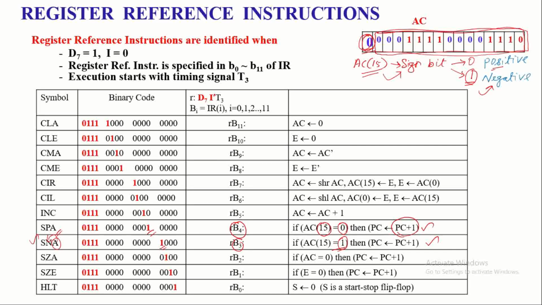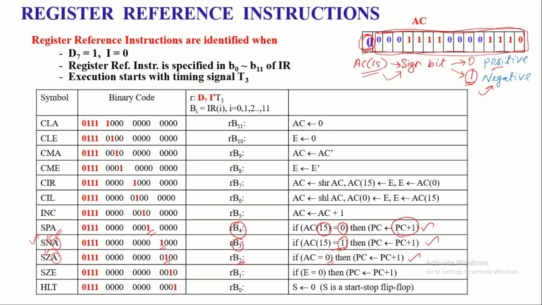And if the second bit of the instruction is equal to 1, then the operation performed is skip next instruction if accumulator is 0. Okay, the accumulator is determined as having a 0 value only if all its bit values are equal to 0. In such a case, the next instruction needs to be skipped by incrementing the program counter value.